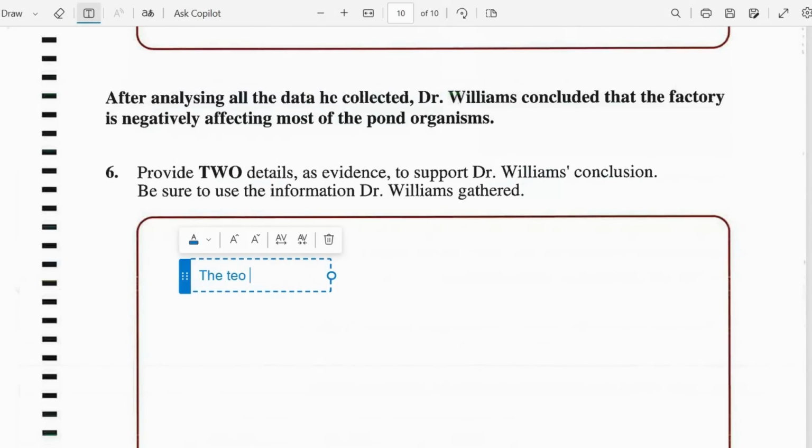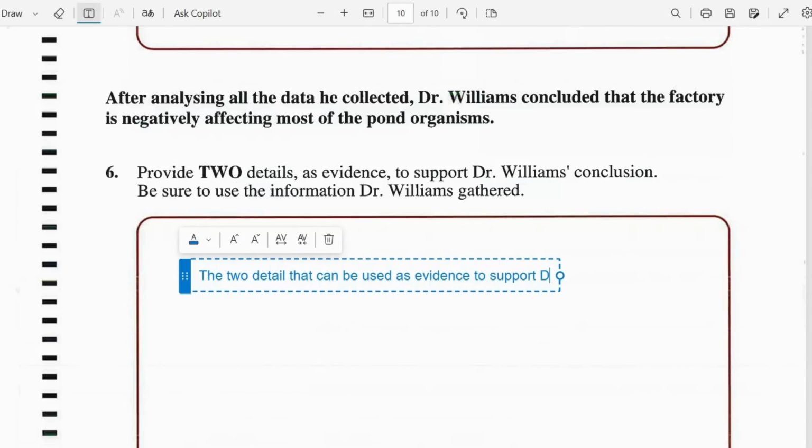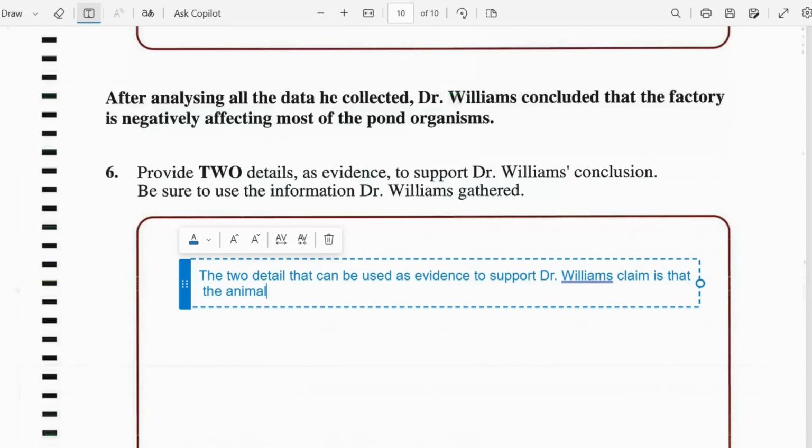So the 2 details that can be used as evidence to support Dr. Williams' claim, because this is what he's claiming, or I'm just going to use claim, is that the animals, I remember even for the tadpoles, they decrease, right?